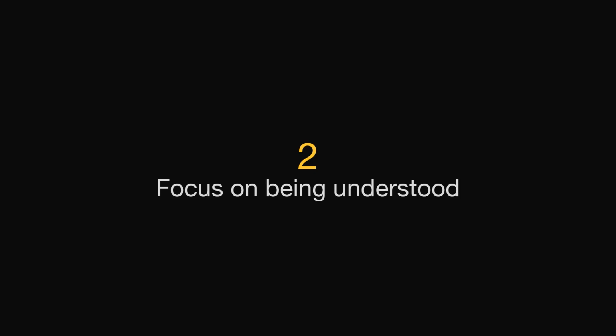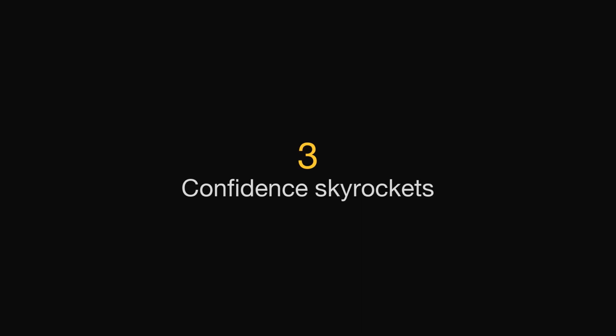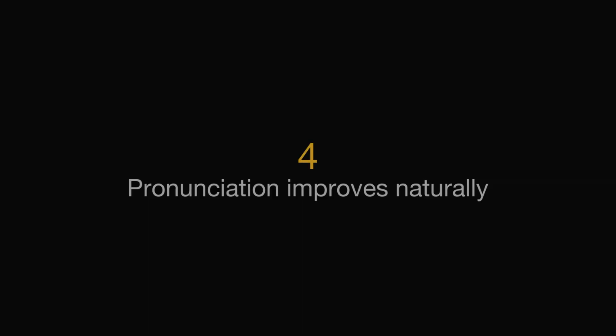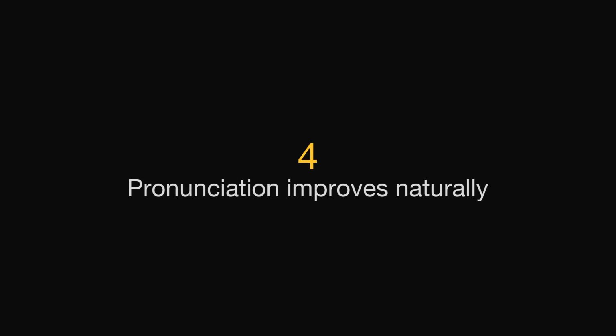Here's what changed everything for Maria and thousands of my other students. She stopped trying to sound like a native speaker and started focusing on being clearly understood. The moment she made this mental shift, her confidence skyrocketed, her cognitive load plummeted, and ironically, her pronunciation improved naturally because she wasn't forcing it.